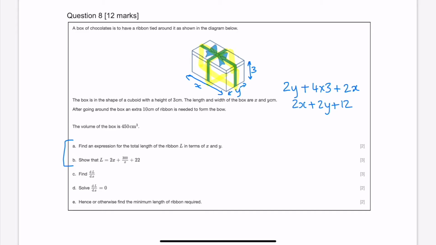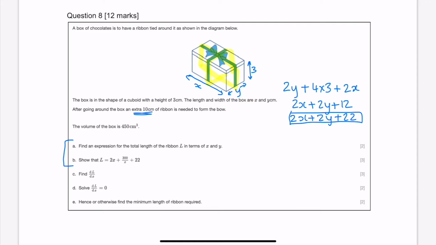And then we're told that the ribbon needs to have an extra 10 to form the bow. So I'm going to have to add 10 onto that again. So 2x plus 2y plus 22. And that is an expression, not equal to anything, just an expression for the length of the ribbon.